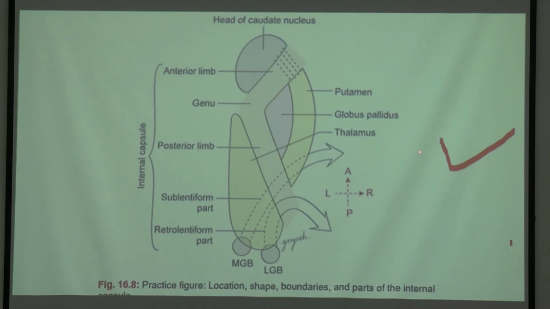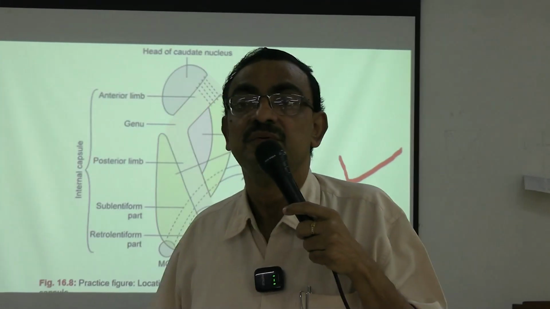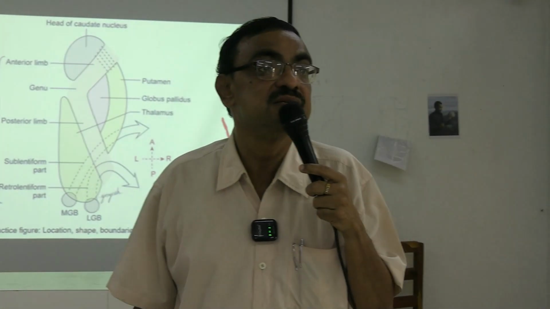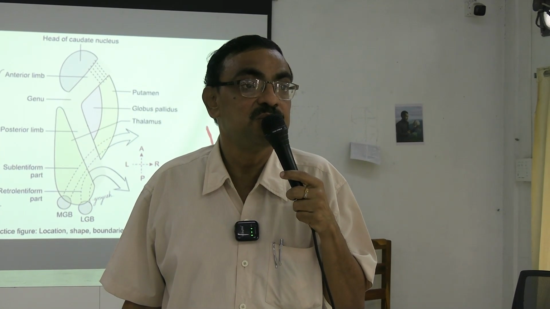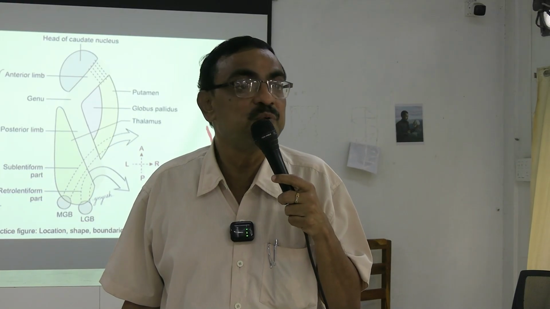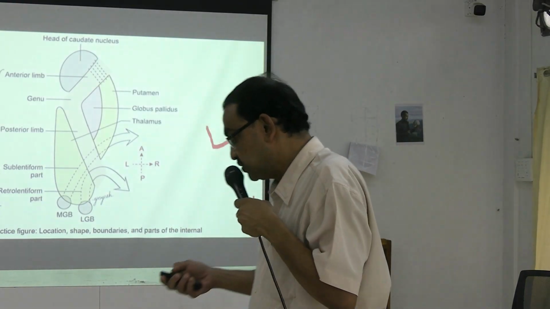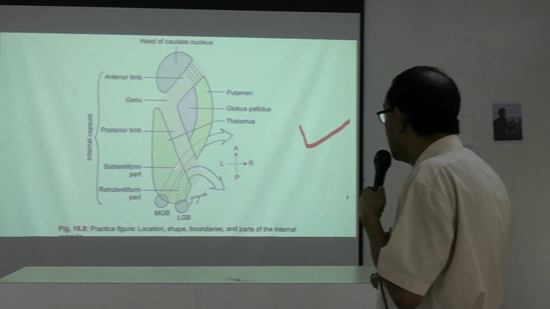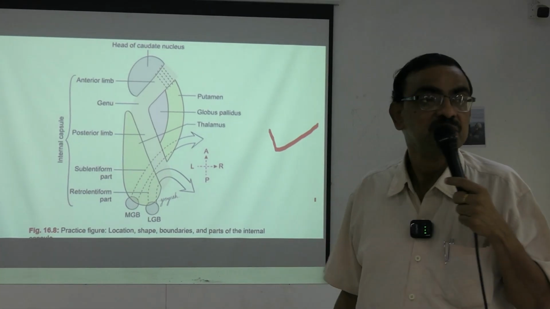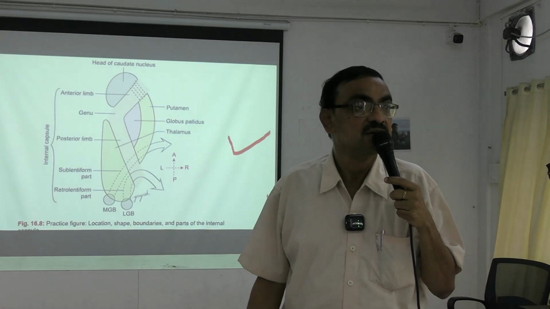Where is it going? The medial geniculate body is concerned with hearing, so it will reach the temporal lobe. Okay, so these fibers are called the auditory radiation.